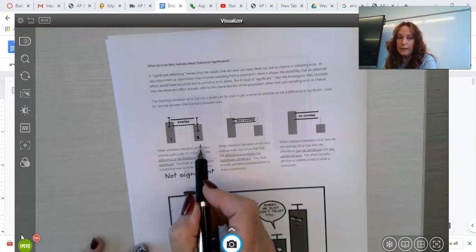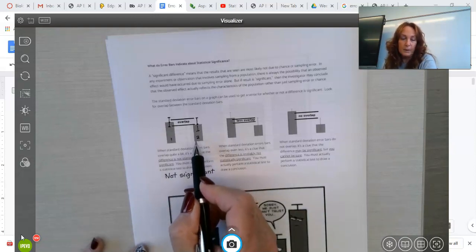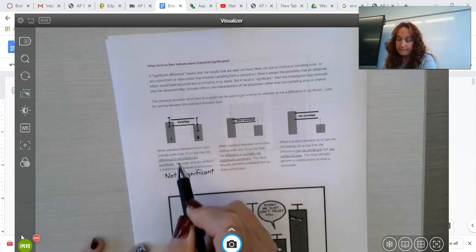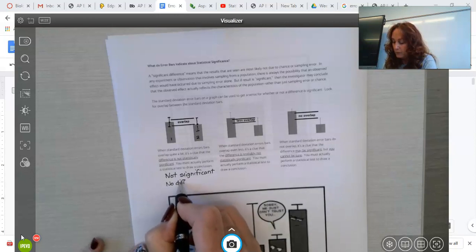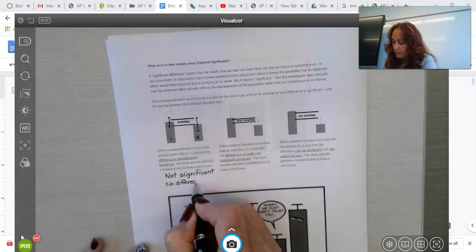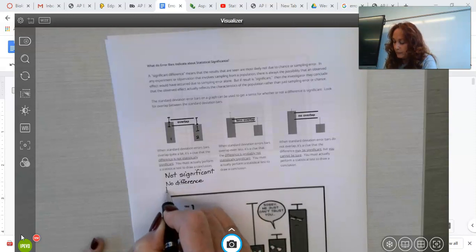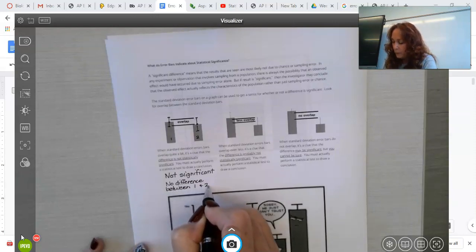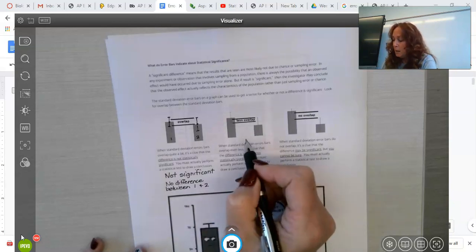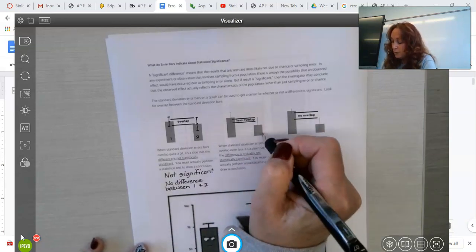If you're trying to sell me this one, because of the low amount, there's no difference between 1 and 2. So that's the take home: no difference between 1 and 2.